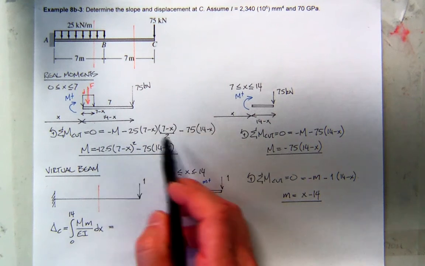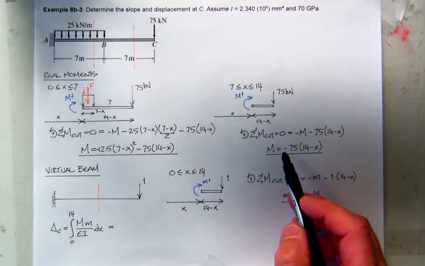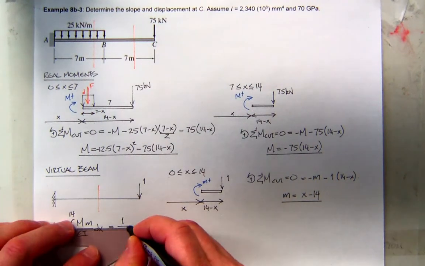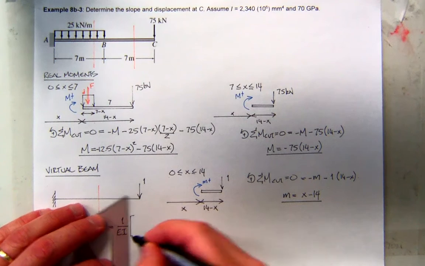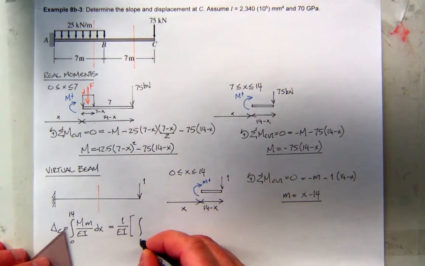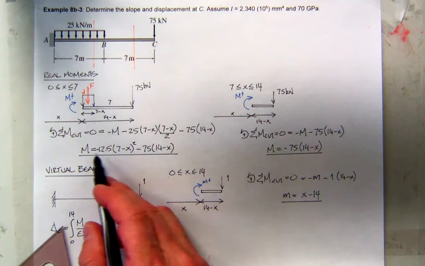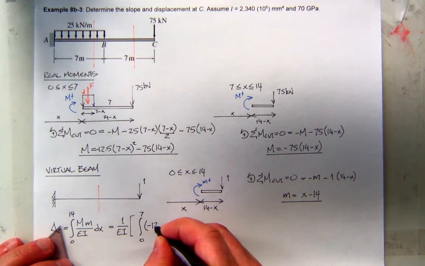It's one function from 0 to 7, and a second function from 7 to 14. So I just have to split it into two pieces. This time I will factor out the EI because it is constant. So I'll get first the integral from 0 to 7. This is my real moment, this big long thing. So give me a second to write that down.